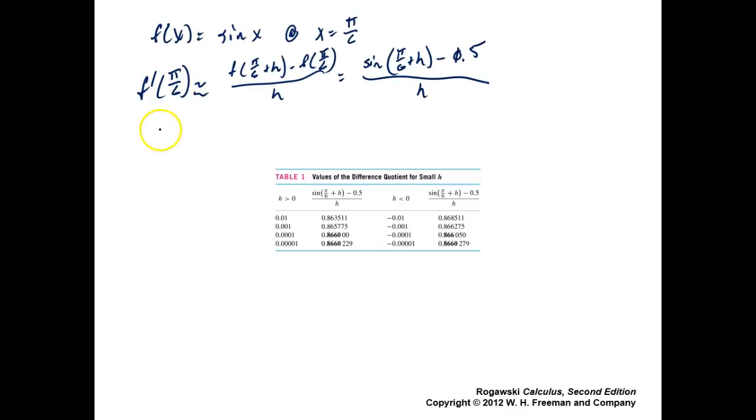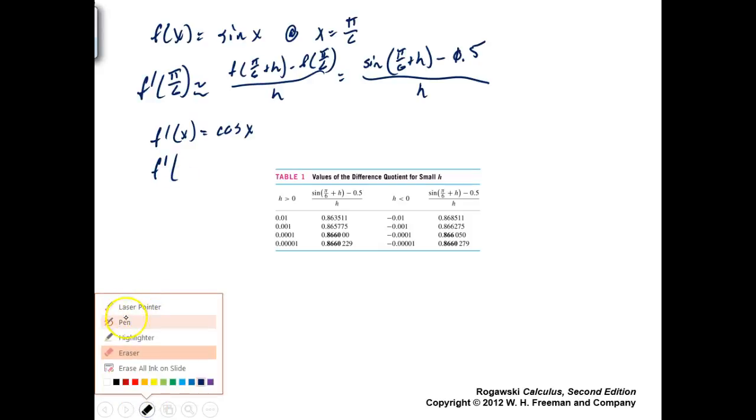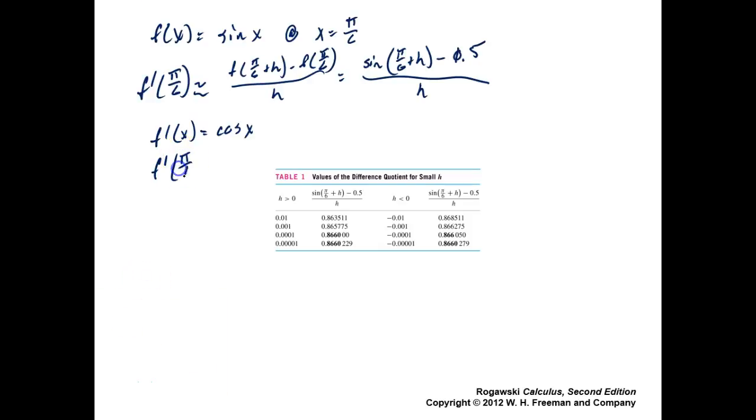I will tell you f prime of x is equal to cosine x. So f prime of pi over 6, I'm sorry, I was writing the wrong answer down. f prime of pi over 6 is equal to cosine of pi over 6.